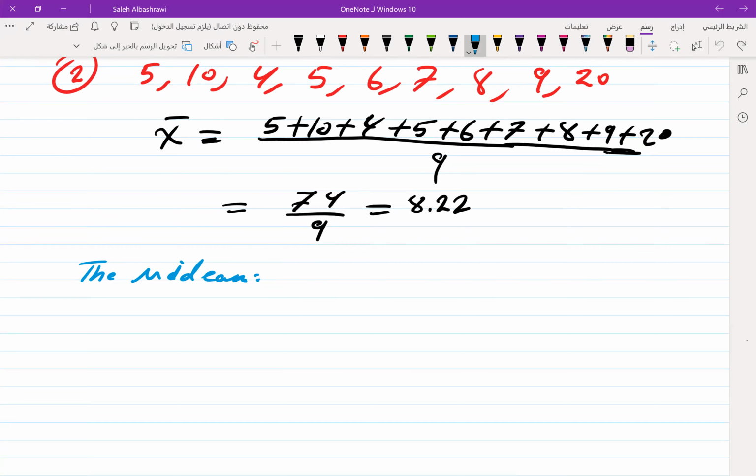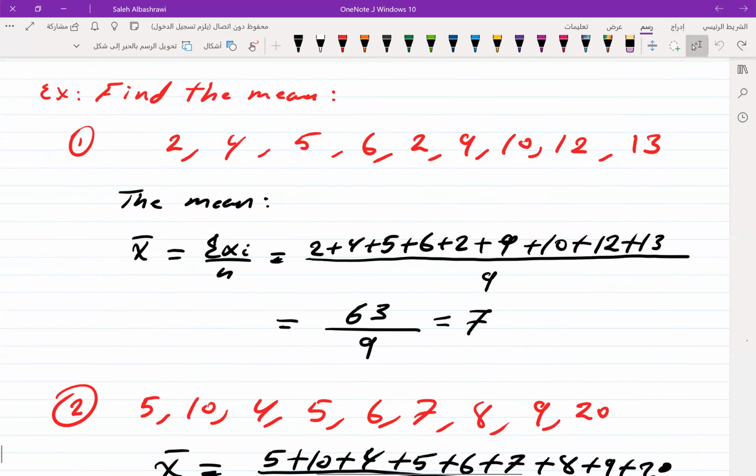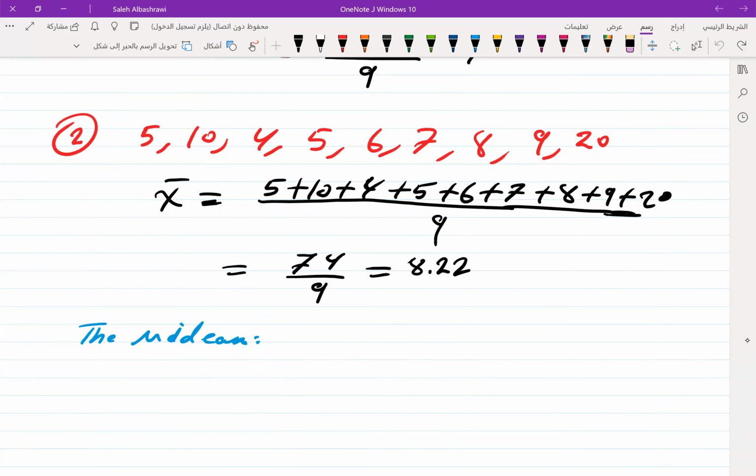The word median, as we say, is the midpoint of the data, from the word mid, so it is the midpoint. To find the median, we have to arrange the data either ascending or descending.